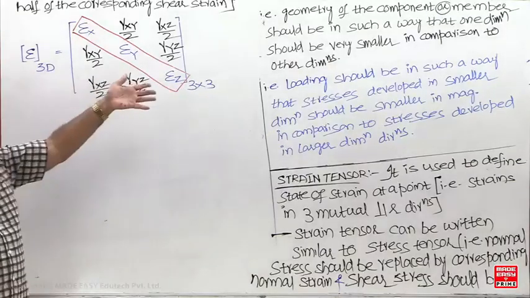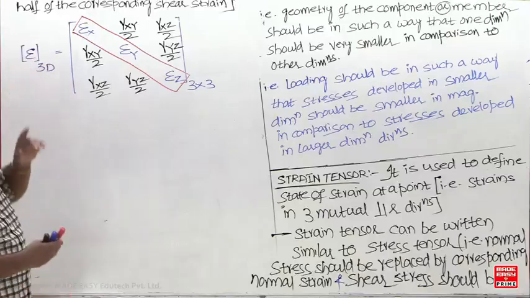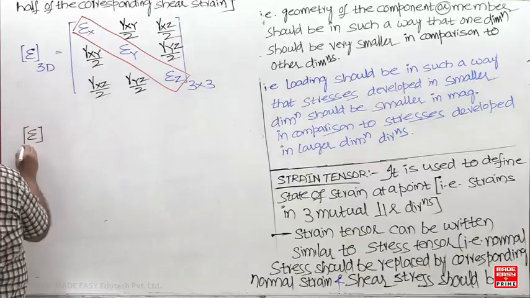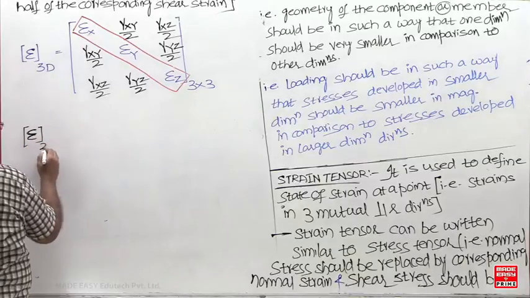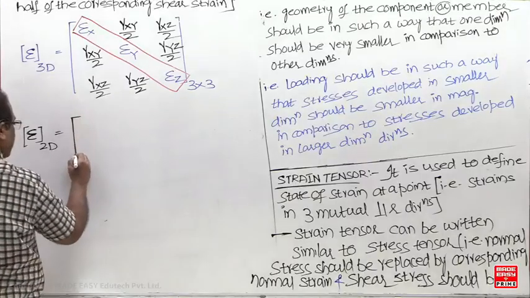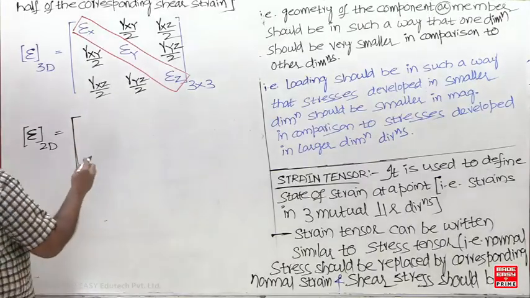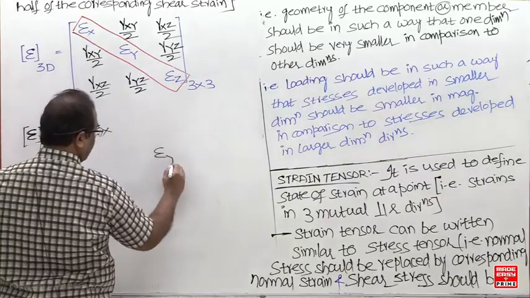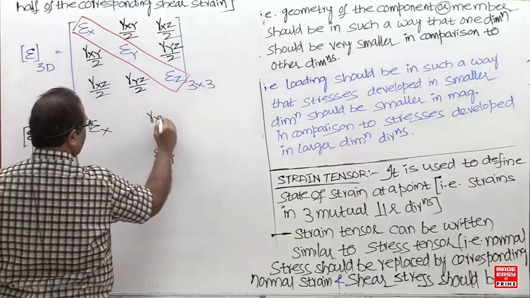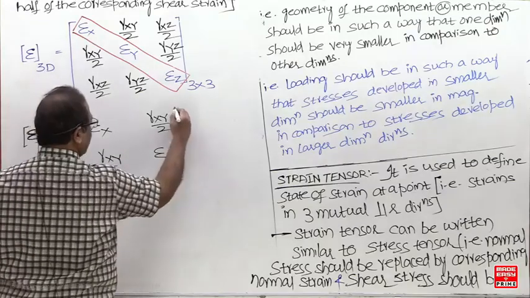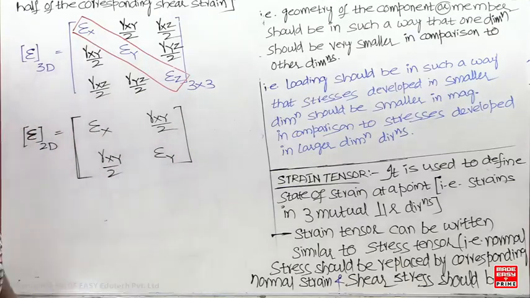Now the same thing for 2D, biaxial. This is for triaxial. For 2D, what do you have to make now? Now this will be called what?